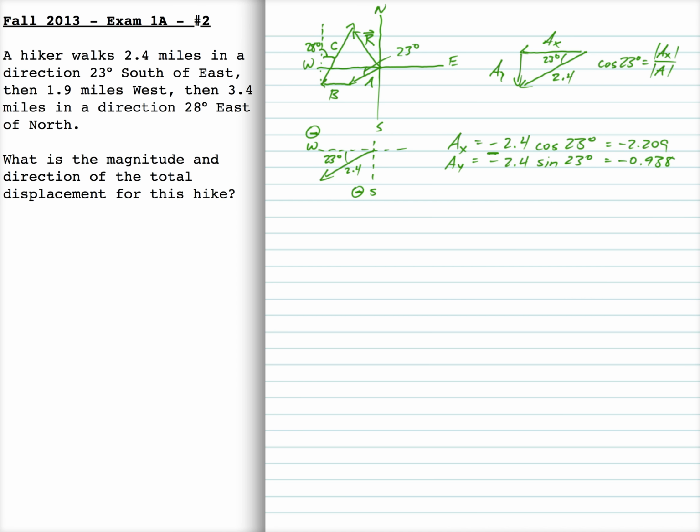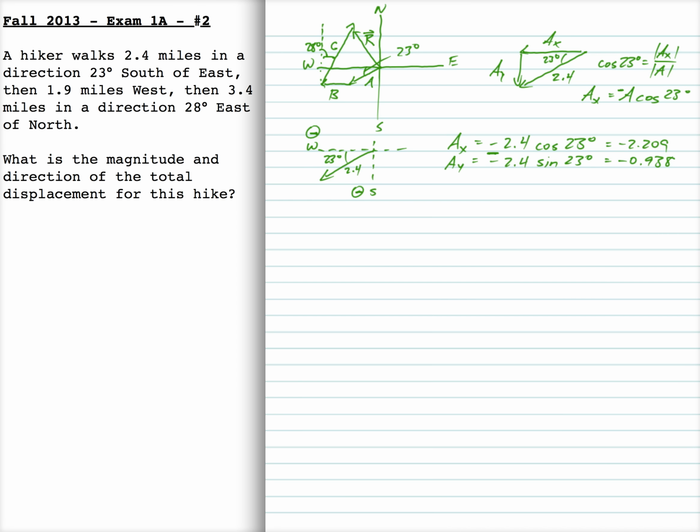The magnitude of the adjacent side is the x component, and the magnitude of the hypotenuse is the vector itself, A. If I cross multiply, Ax is equal to A cosine 23. And in this case, I've added on a negative sign to indicate the direction.